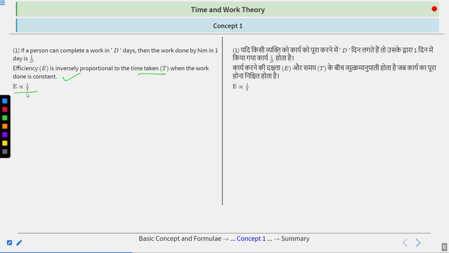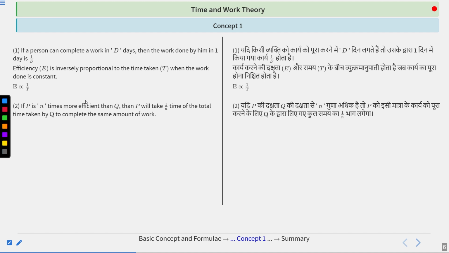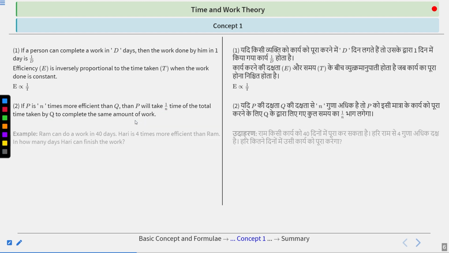So E is proportional to 1 by T. So we can say that if time taken is less, then efficiency is more. If efficiency is less, then the time taken by the worker is more. If P is n times more efficient than Q, then P will take 1 by n times the total time taken by Q to complete the same amount of work.